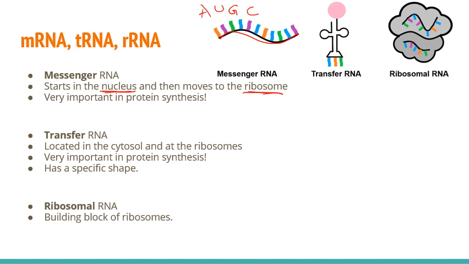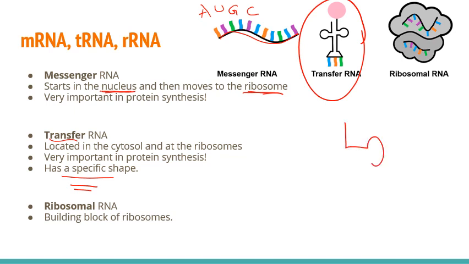And as a matter of fact, our tRNA and rRNA are also really important for protein synthesis. tRNA stands for transfer RNA. We find it in the cytosol, so just in the cell, and it moves between there and the ribosomes. It has a specific shape that you need to know the general gist of, and it tends to look like this.